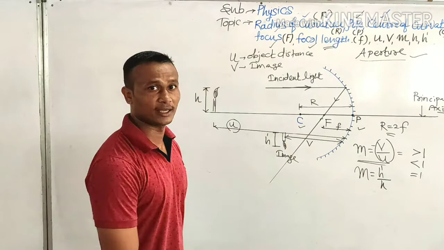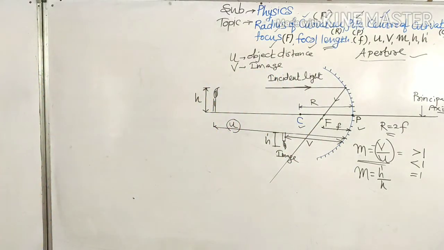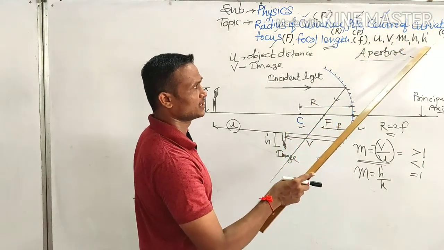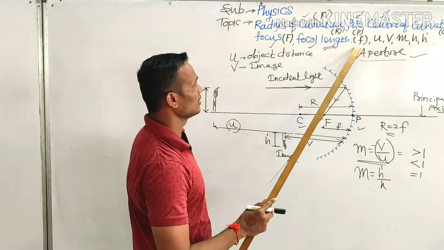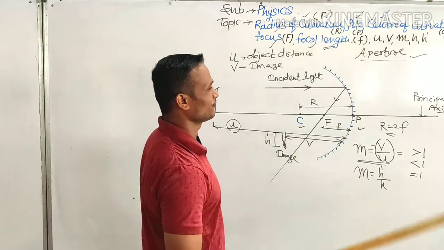So I think we are clear with the various terminology used in case of spherical mirrors. That is object distance, image distance, magnification, height of the object, height of the image, focal length, focus, radius, pole, and the center of curvature.